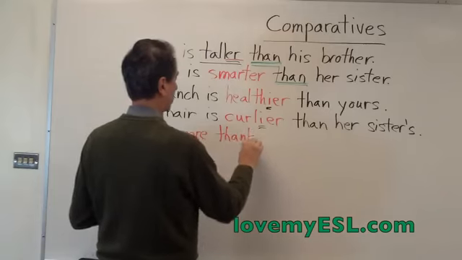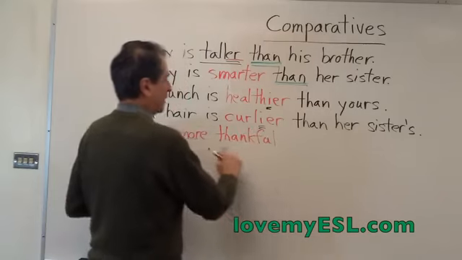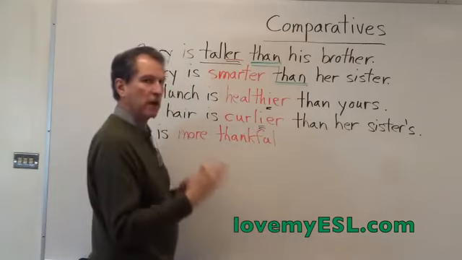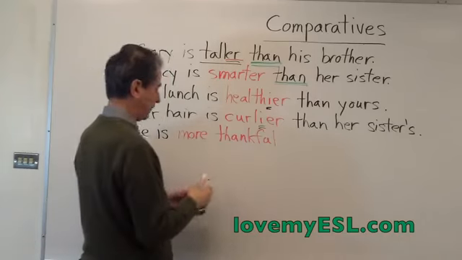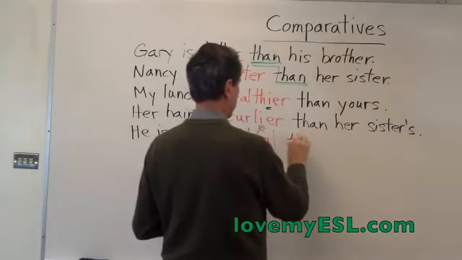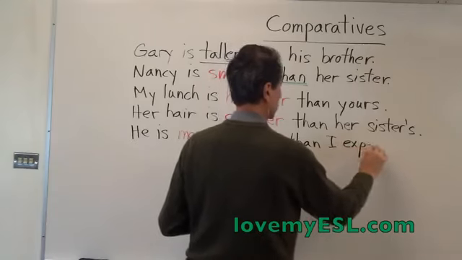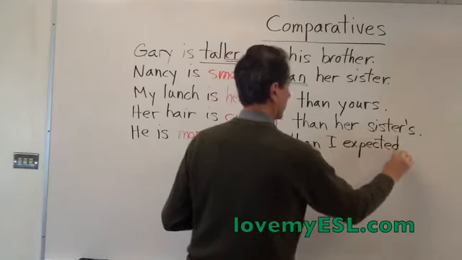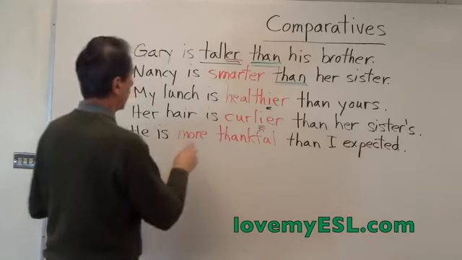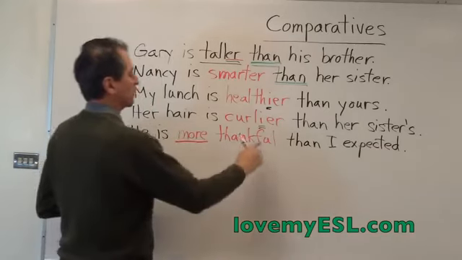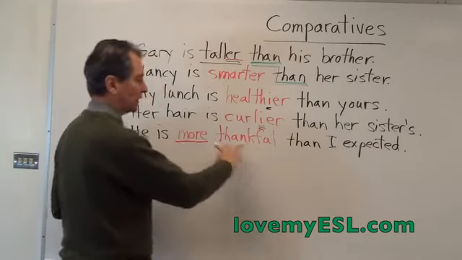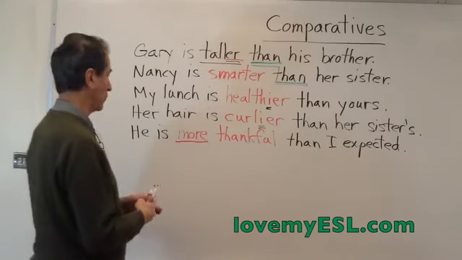More thankful. You cannot say thankfuler. It's just not said in English. More thankful than I expected. He is more thankful than I expected. More, why? Because thankful is a two-syllable word and you have to put more in front of two-syllable words.